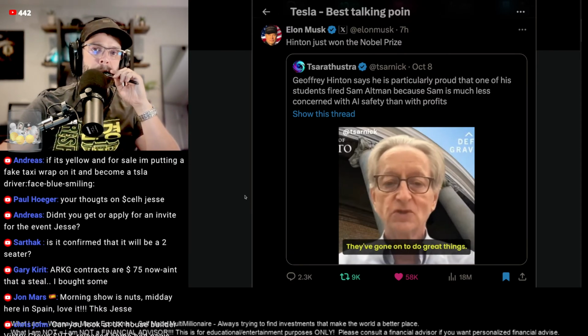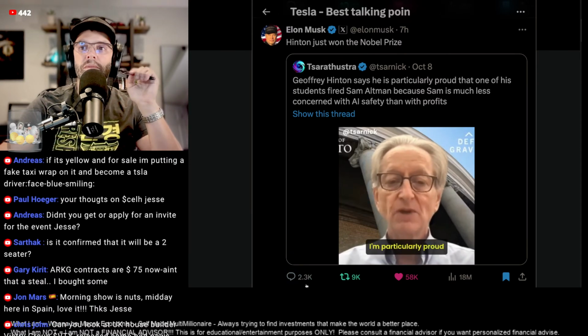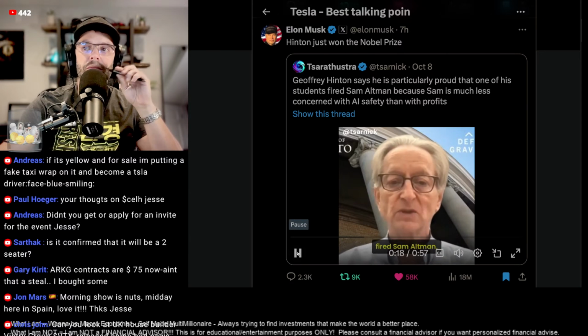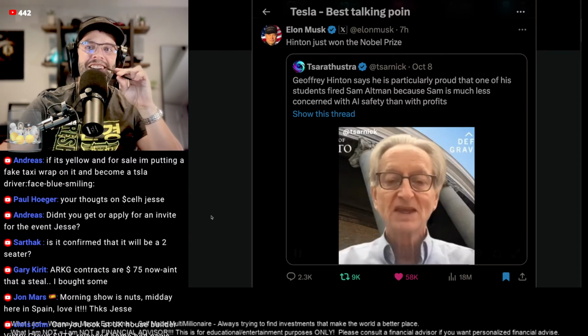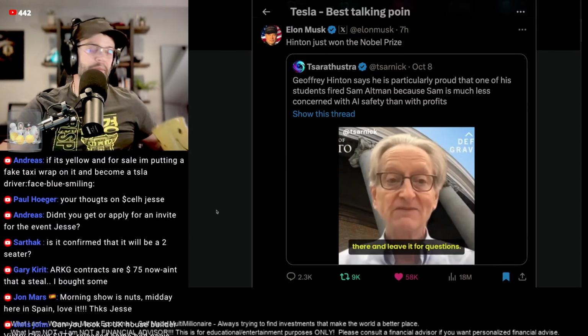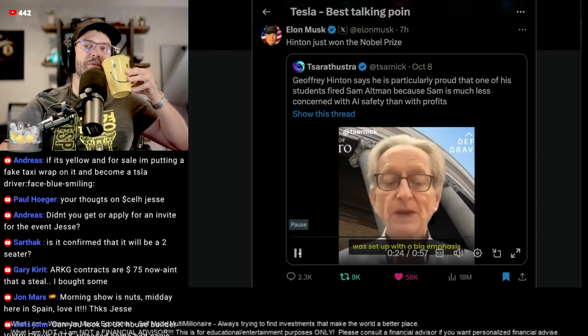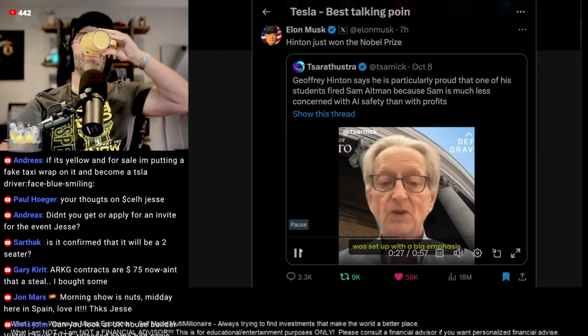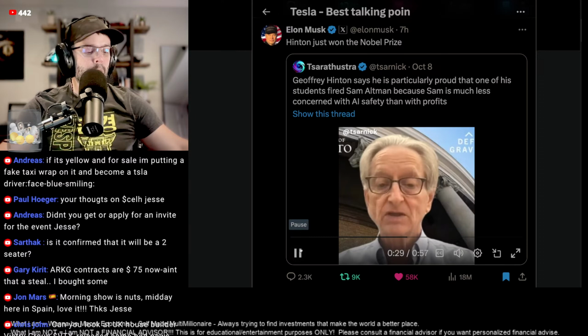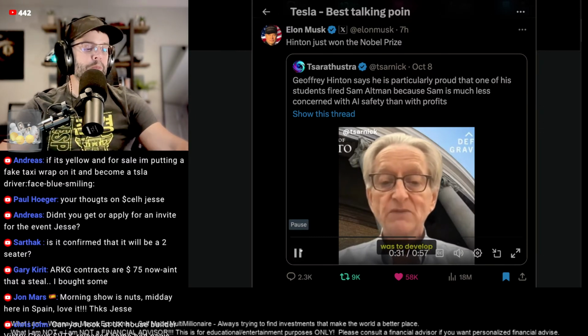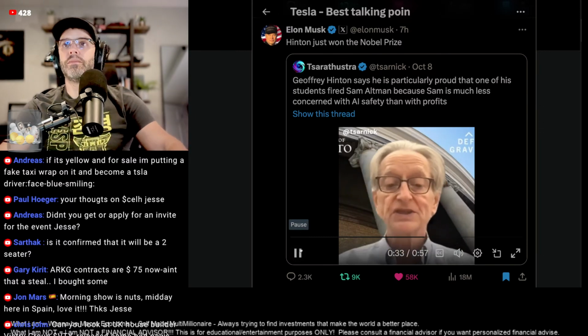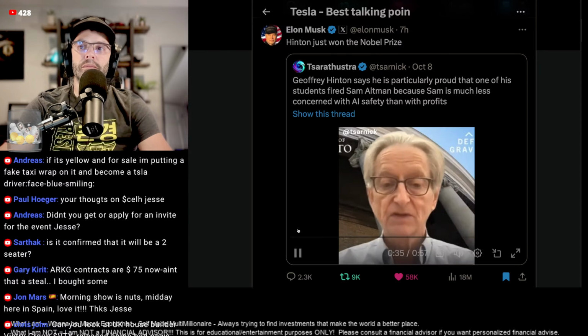On to do great things. I'm particularly proud of the fact that one of my students fired Sam Altman. And I think I better leave it there and leave it for questions. So OpenAI was set up with a big emphasis on safety. Its primary objective was to develop artificial general intelligence and ensure that it was safe.